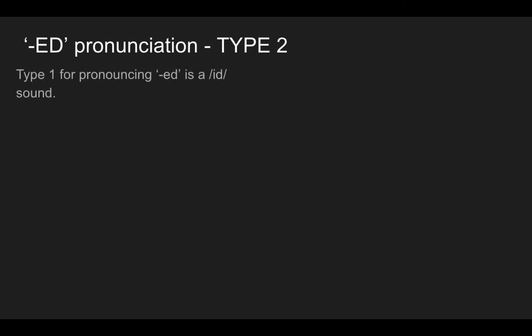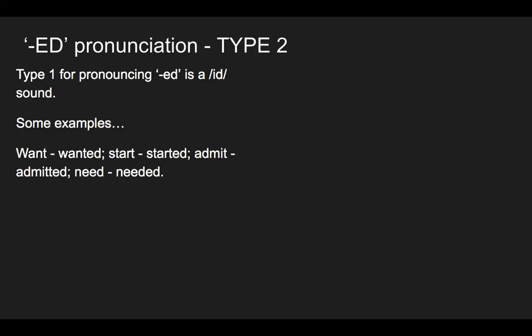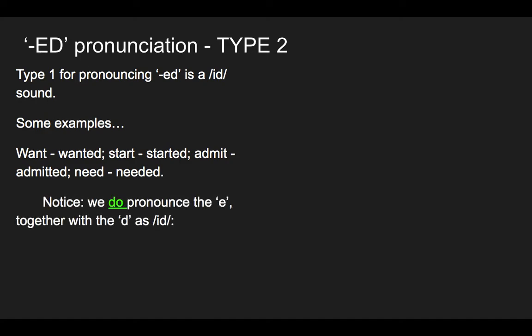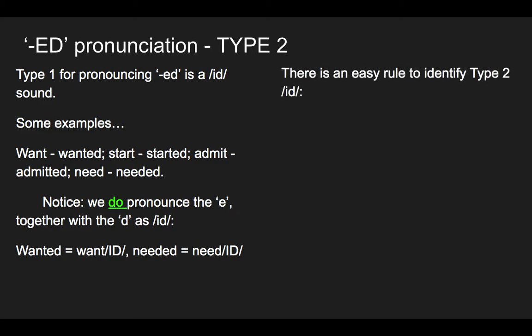Type 2, we looked at this, id. Want, wanted, start, started, admit, admitted, need, needed. So this last ed is id. We do pronounce the e, it's like an id sound. Want, wanted, needed. Again, it is easy to identify.